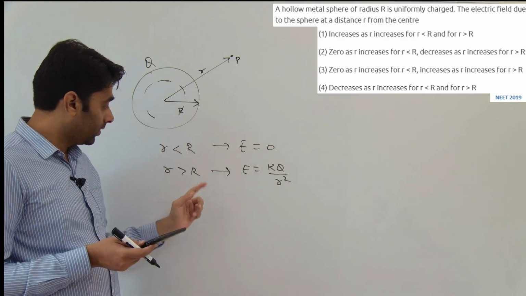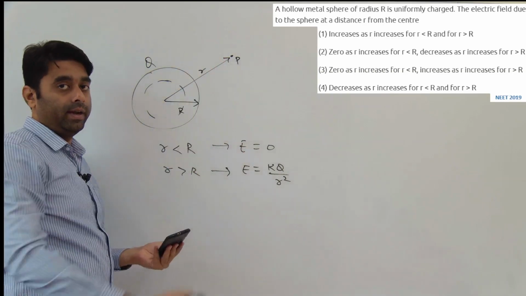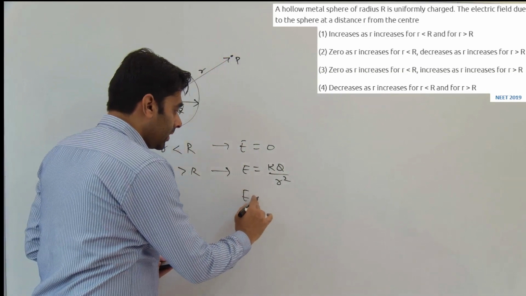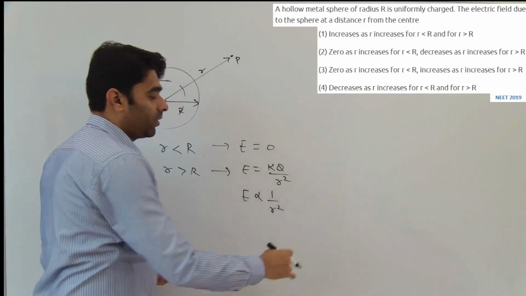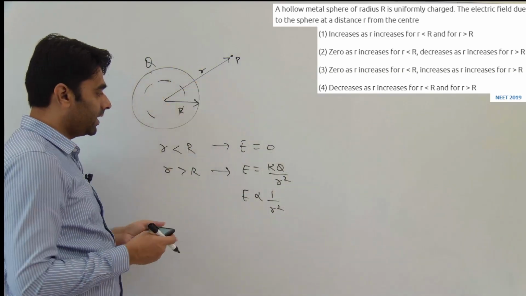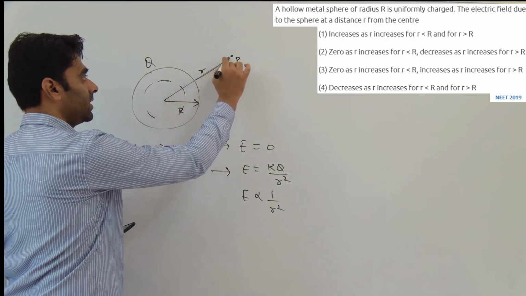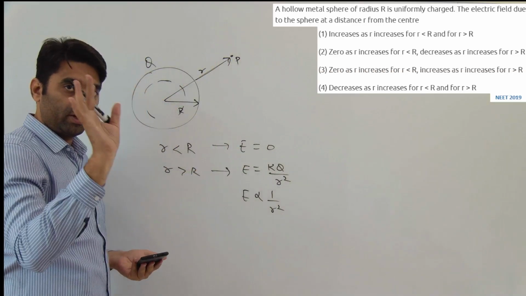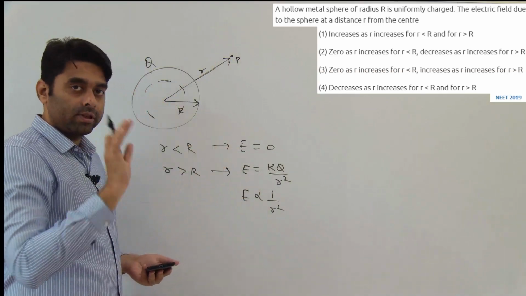Next, as we go outside, E is inversely proportional to r square. As you move away from the center, even for outside points, E is inversely proportional to r square.